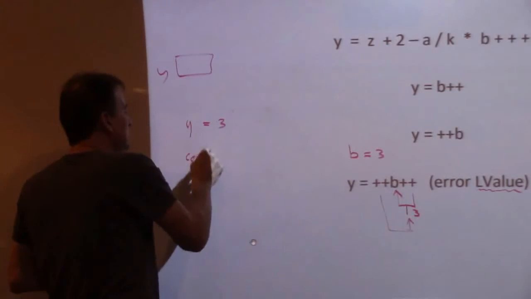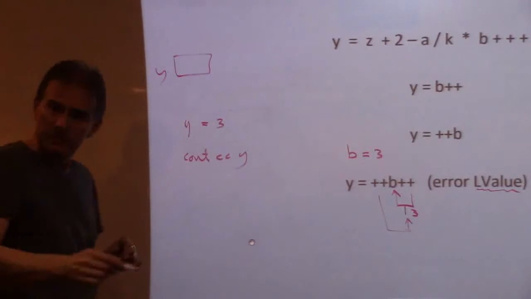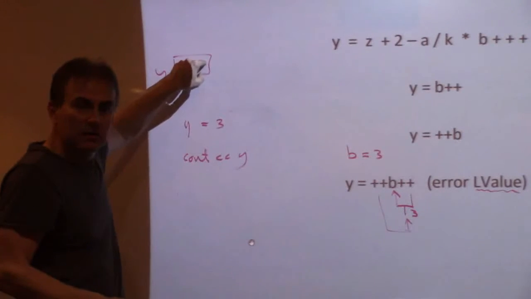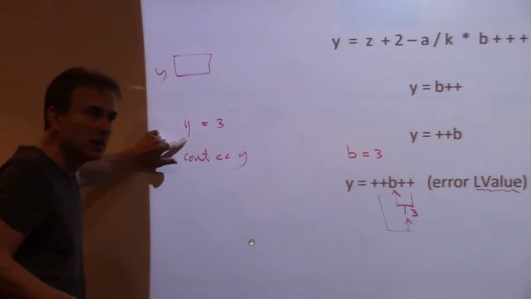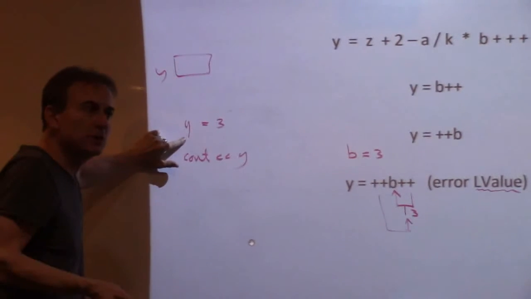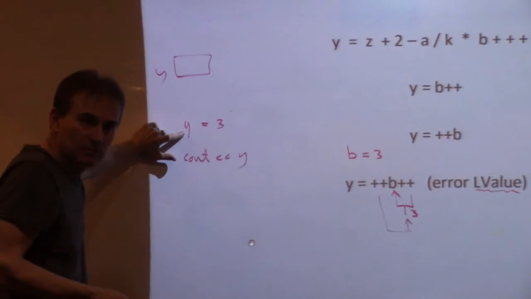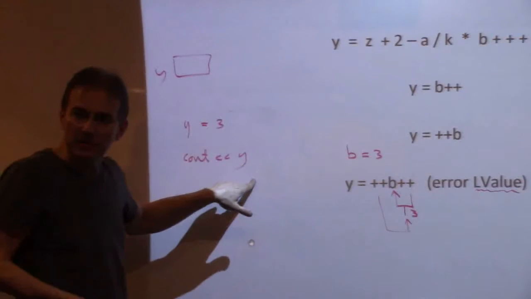When you see cout y, what do you print? 3. So you're not getting the address of y, you're getting the value of y. So actually it looks like y here is referring to its storage location. Store the 3 at my address. But here it is saying print out my value.